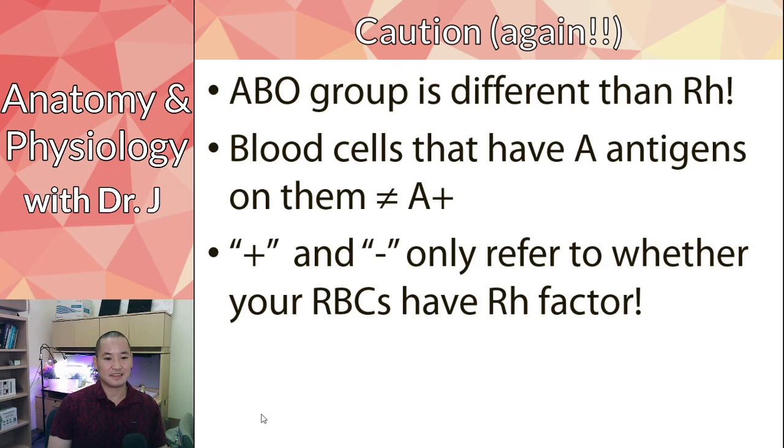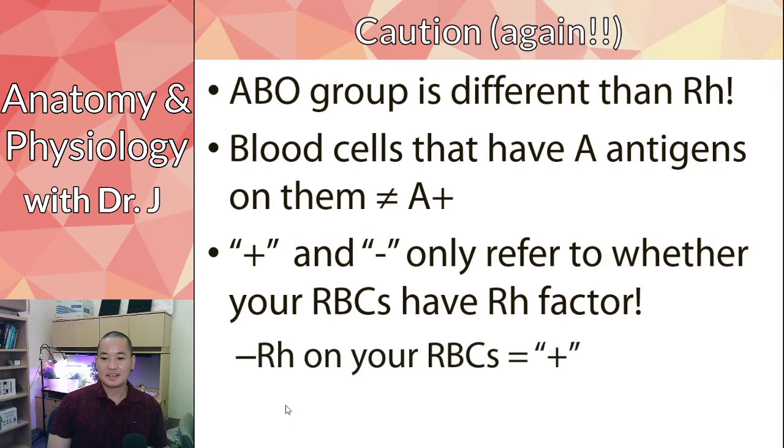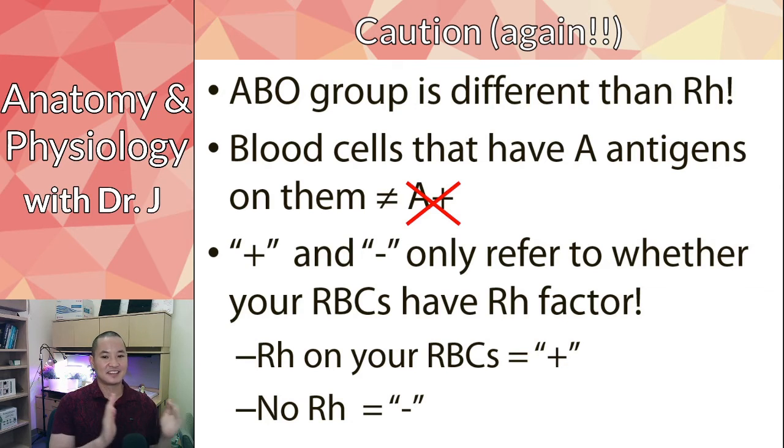Yes, the positive and negative only refer to that Rh factor. If you have the Rh factor on your red blood cells, you're whatever ABO, positive. If you don't have the Rh factor on your red blood cells, then it's whatever ABO is, negative. This is a common misconception I always see every year.